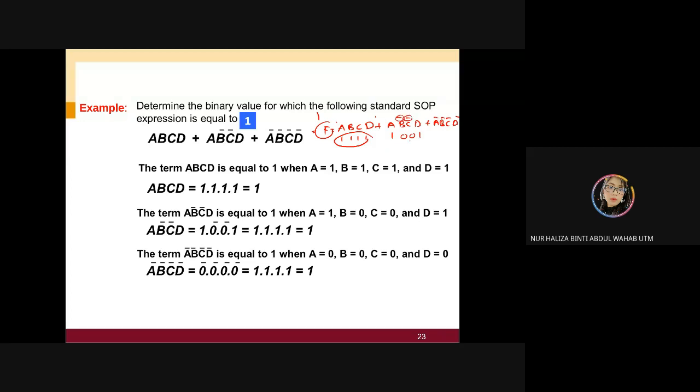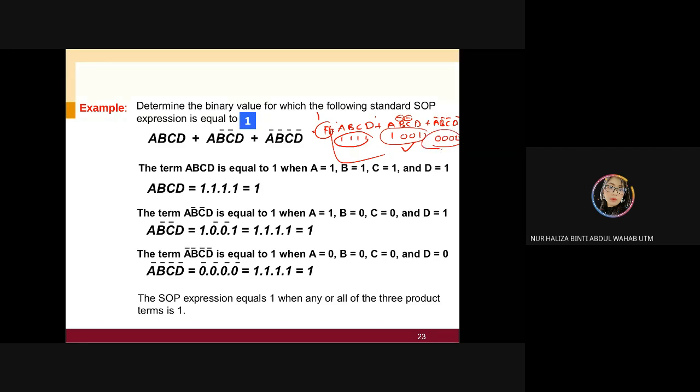If you have bar, it is going to be 0. So whenever you have this input, your output will be 1. And for this, going to be 0, 0, 0, 0. So whenever your input is 0, 0, 0, 0, your output will be 1. You directly draw your truth table. So the SOP expression equal to 1 when any or all the three product terms is 1.